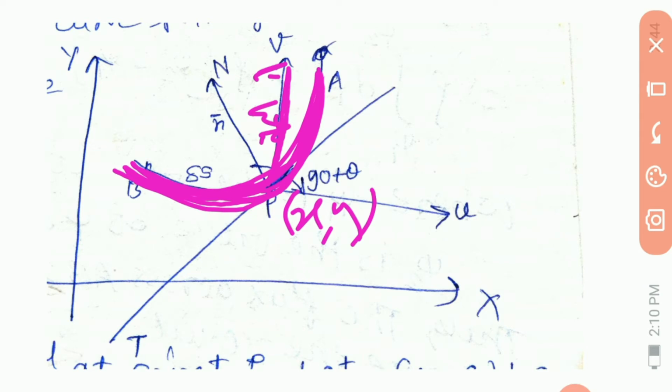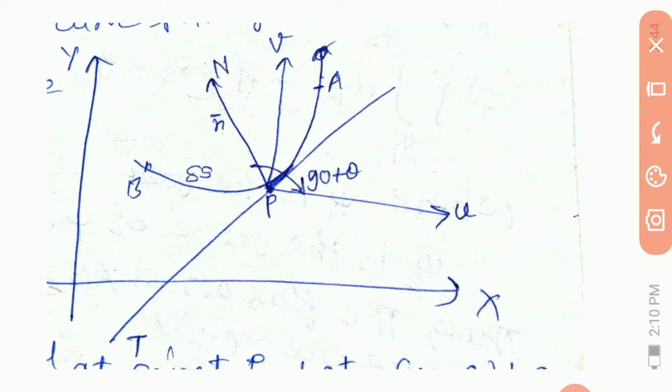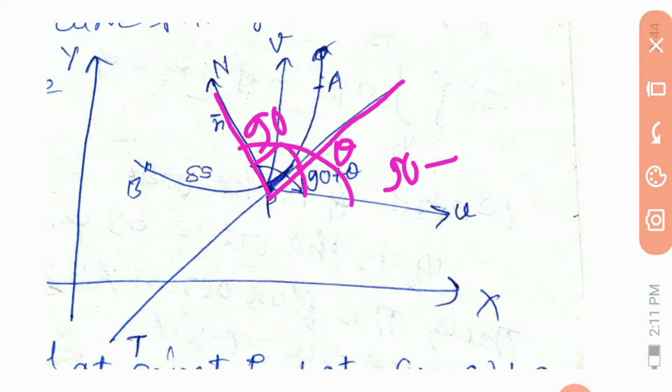Let the tangent make an angle theta, so this angle will be theta, and this angle is 90, and this total angle is 90 plus theta.